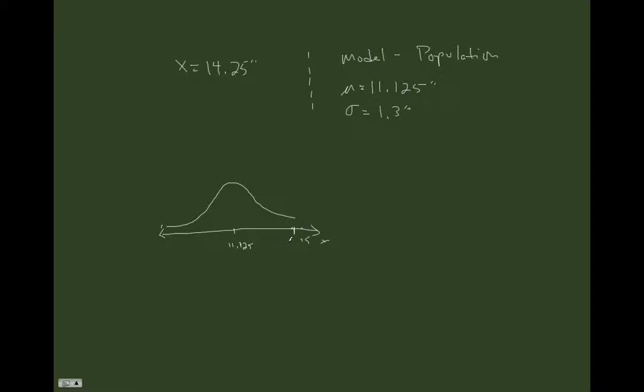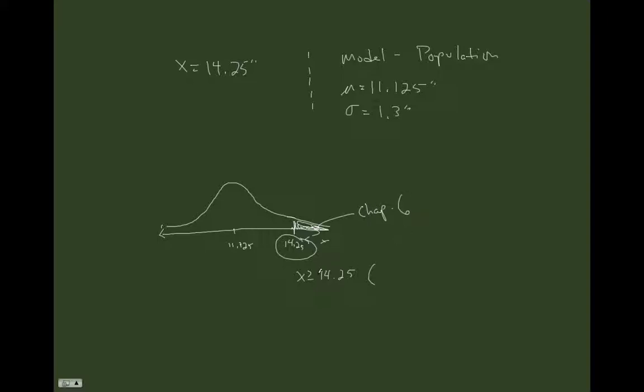And that 14.25 is down here, getting pretty close to the 15. Later on, we'll do some calculations and look at the proportion of the population with feet at least this big. But that's down the road. This idea here with area is a Chapter 6 idea, and we'll get to it.